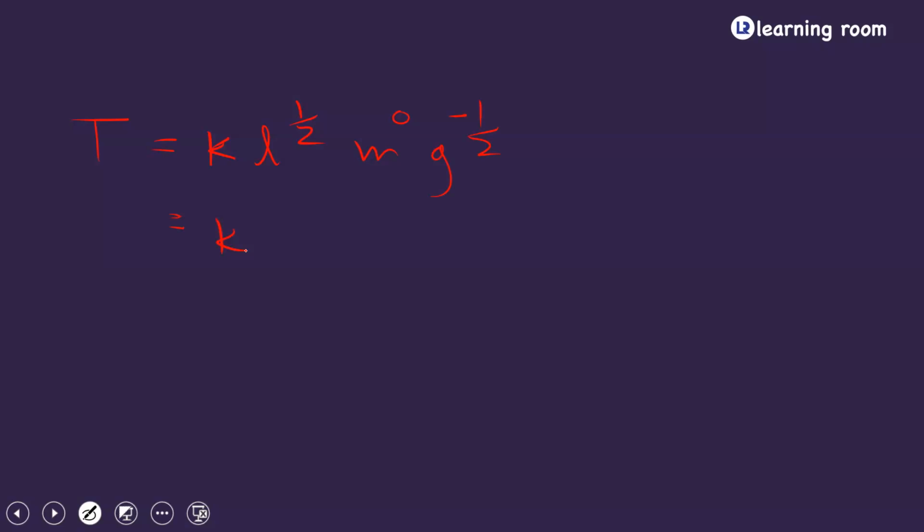What is L to the power of 1 by 2? Basically, root of L. You understood? You know this, right? And g to the power minus 1 by 2 is basically 1 by root g. So basically, T equals K root of L by g. So in this way, we have been able to derive the time period of a pendulum.